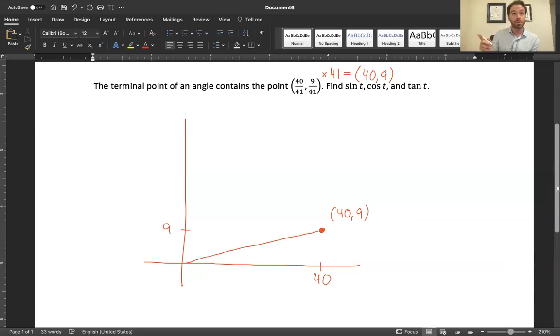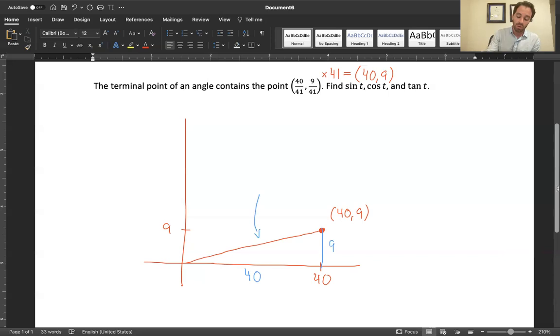Hence the multiplying by 41 to get 40, comma 9. It's going to have the same trig values as the original. So 40, comma 9 is now easier to deal with. This right here is 9. This is 40. What is this?